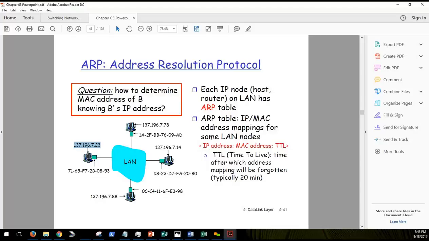The subnet mask is used to pull out from the IP address the network address.